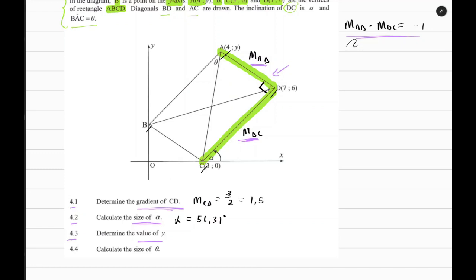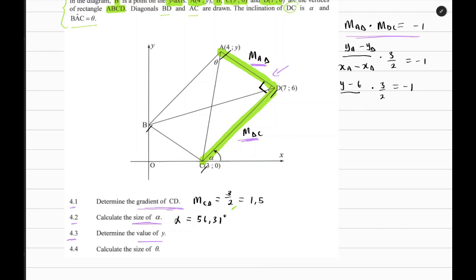So we can say (yA minus yD) over (xA minus xD) times m_DC. We found m_DC to be 3 over 2, so we can substitute that. It is 3 over 2 equals -1. So yA is y minus yD is 6, all over xA is 4 minus 7, times 3 over 2 equals -1. So 4 minus 7 here is -3.